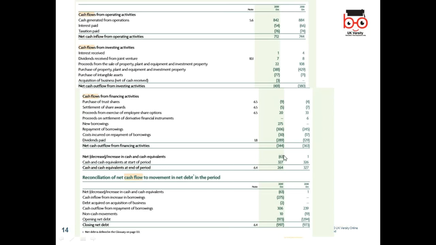This year we have a negative cash flow from these activities. Last year was 1 million positive, this year 63 million negative. So 712, then you minus 431, you minus 344, your net will come to negative 63.